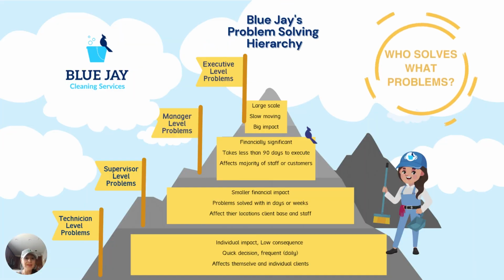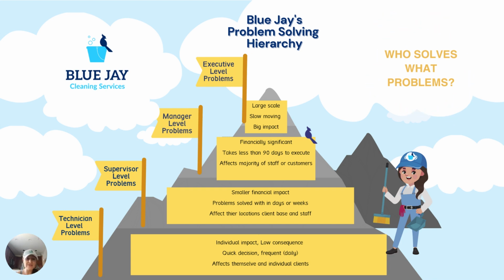All right, so moving on to the problem solving hierarchy. So, really, who solves what type of problems? We are going to start with the technician level problems. I'm going to go through this quickly, but I do want you to maybe look back and study this. It's very simple, but it's nice to see it laid out as a graphic, maybe make a little more sense in your brain.